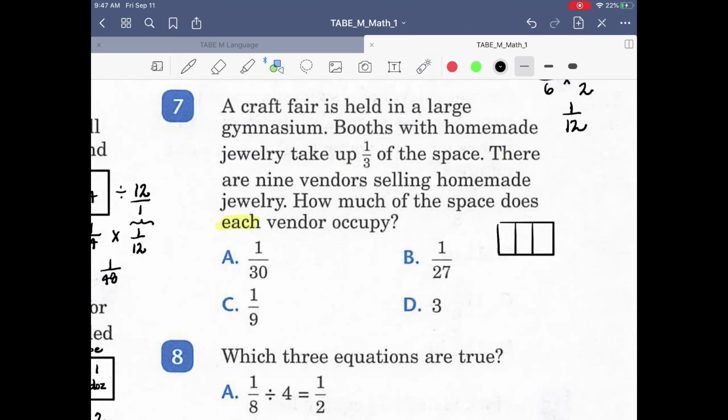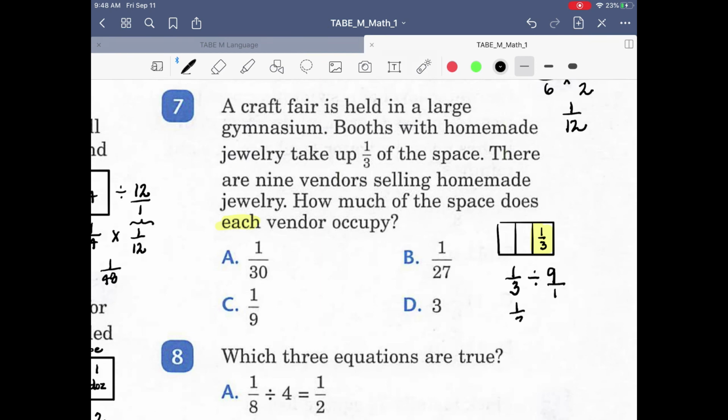So if you divide that gymnasium into 3 equal parts, the jewelry folks get 1/3 of that. So this is all the space we have to work with. These other 2 sections are not part of this problem. We're going to take that 1/3 of the room and divide that among 9 people.